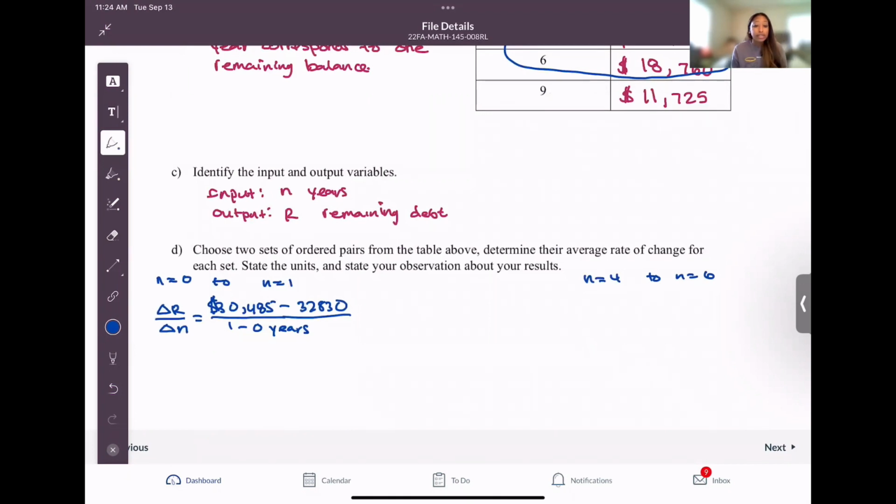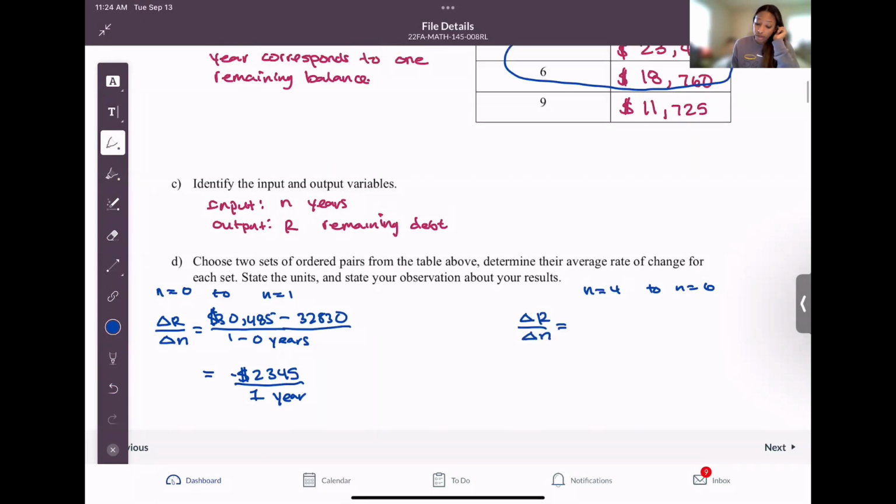All right, when we subtract this, the difference is going to be equal to negative $2,345 over 1 year. So from years 0 to 1, the average rate of change of the remaining debt is, it goes down by $2,345 over that year.